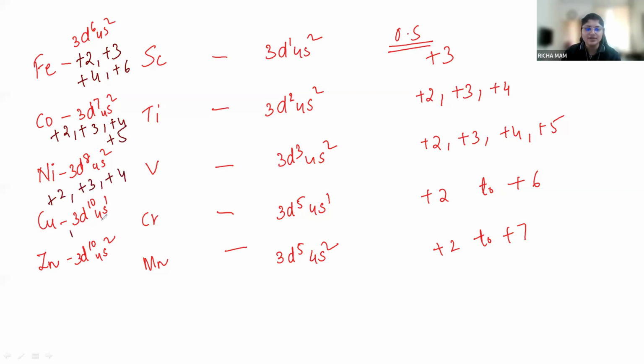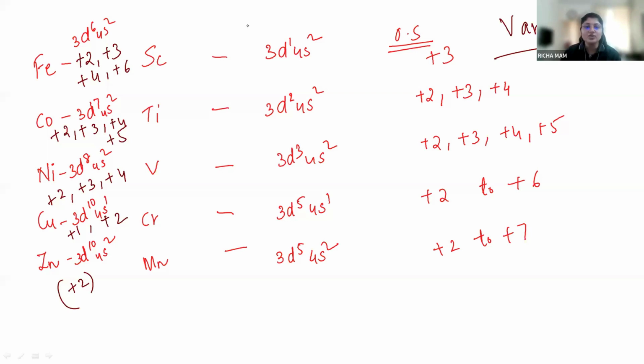Copper can show +1 and +2, and zinc can show only +2. These are the oxidation states shown by the d block, that is the 3d series. All these transition elements show what is said to be variable oxidation state. Variable means what?